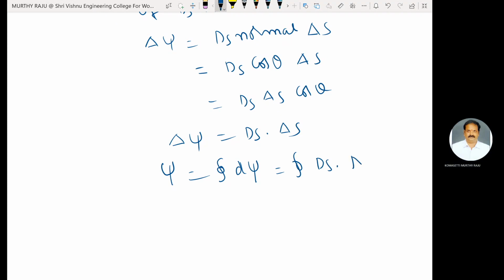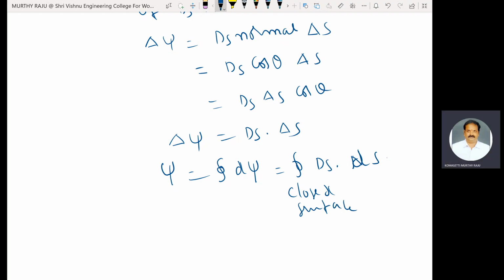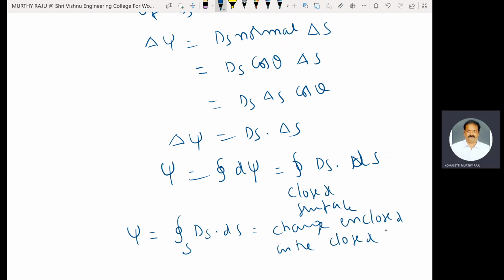This is Gauss's law: psi is equal to the closed surface integral of D_s dot dS, which is equal to the charge enclosed in the closed surface.